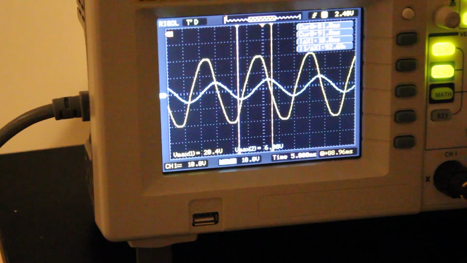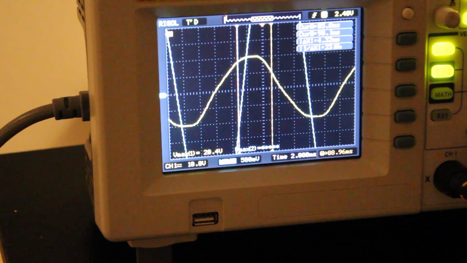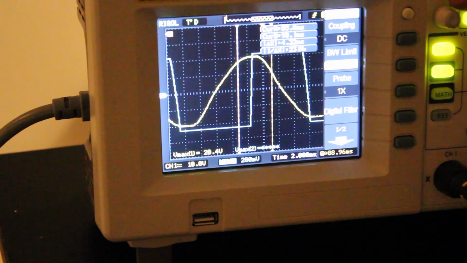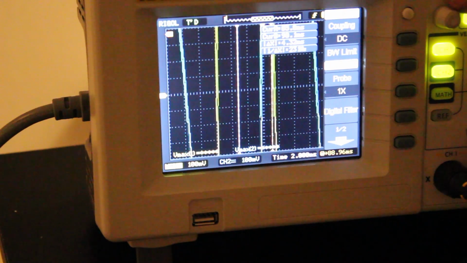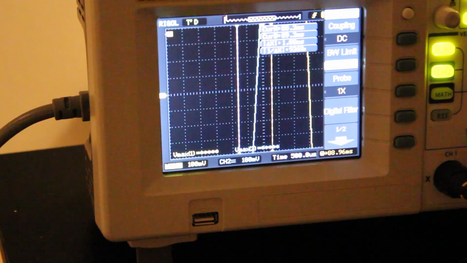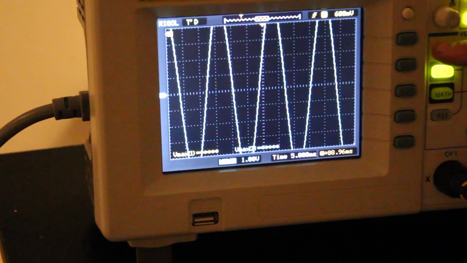Now let's look and see what the phase delay is of this. Okay, where am I at here? Oh, we got to expand these up so we can get a better idea of the crossing points. I went a little too much there.